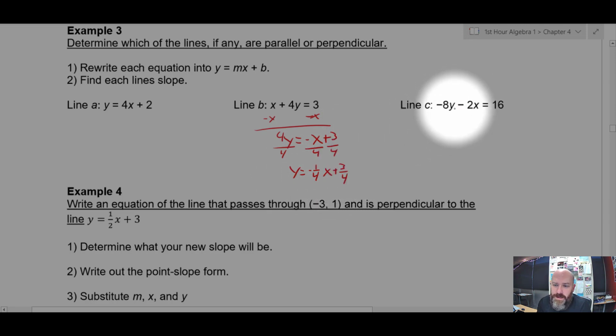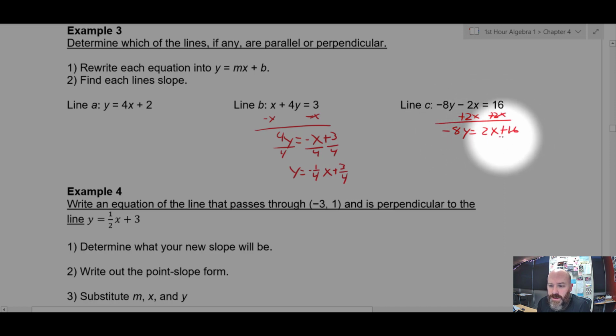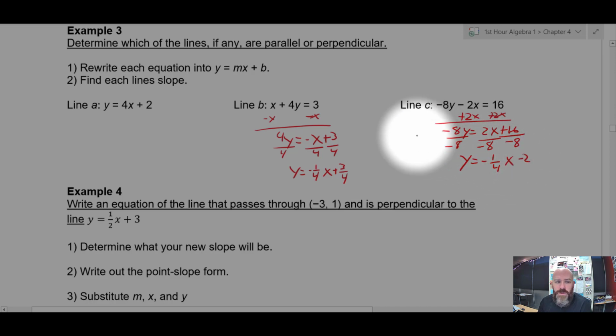And then, same thing over here, let's add the 2x. So I get negative 8y equals 2x plus 16. Divide everything by the negative 8. And I get y equals negative 1/4 x minus 2.